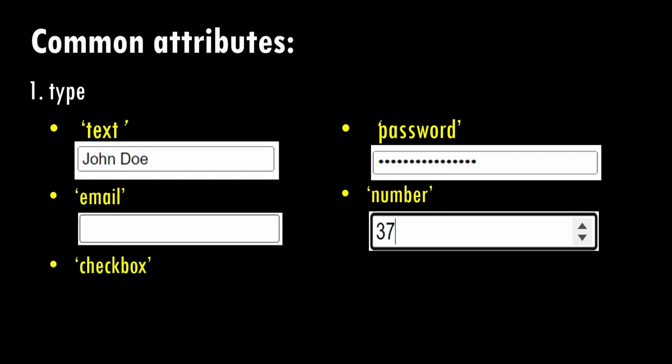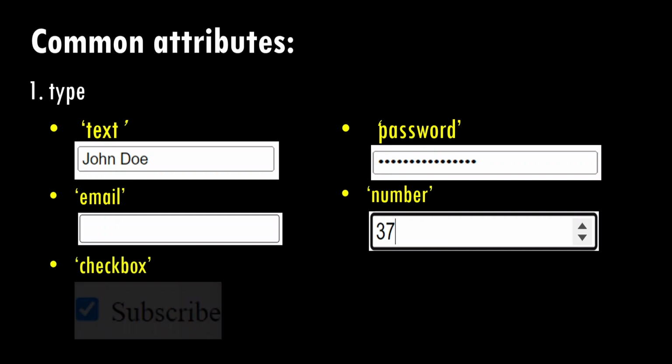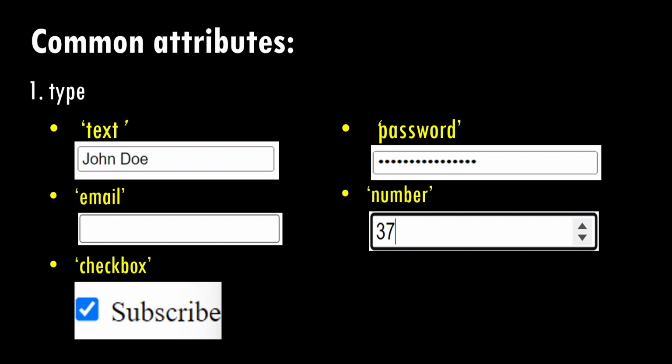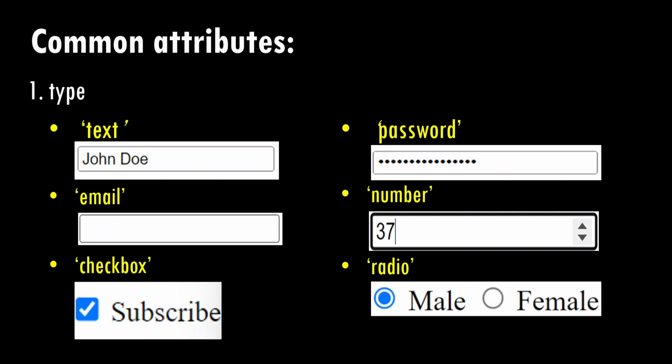Next is checkbox. Checkbox looks like this, a box that can be checked or unchecked. Next is radio button, a round button that can be selected, usually part of a group where only one button can be selected. That may look like this.